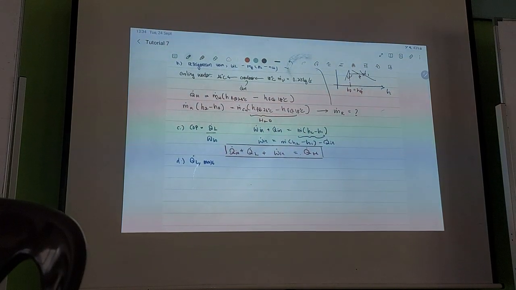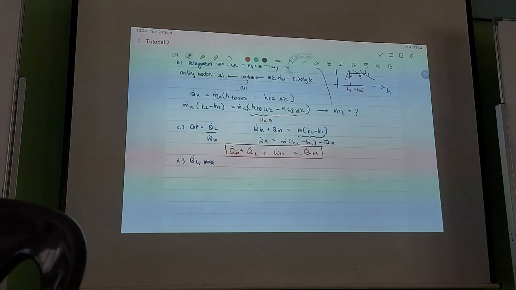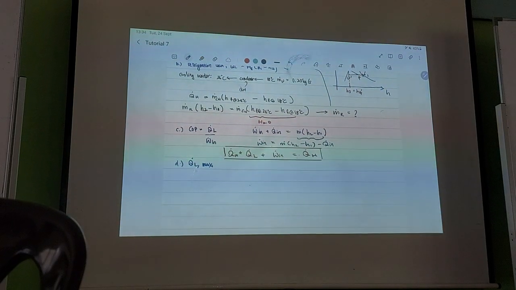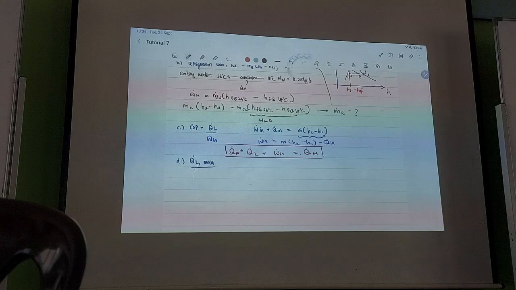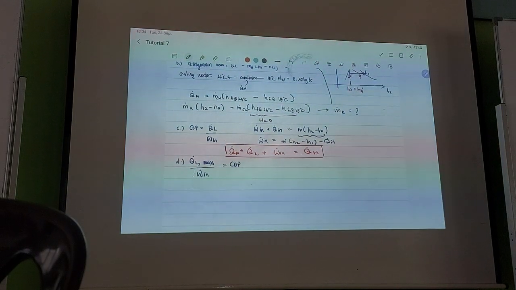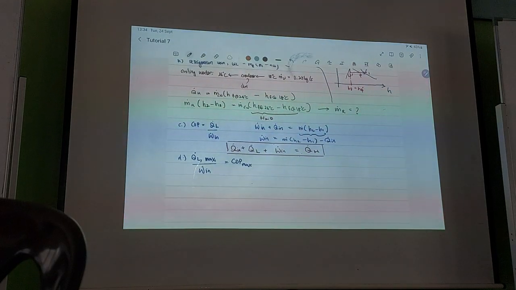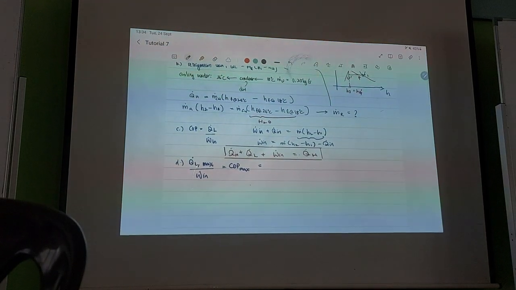meaning your COP needs to be the maximum, right? Same work, you can see the keyword is also same work in. So if you use back the same work in, you are supposed to get the maximum COP also. Makes sense, right? So what is the maximum COP?